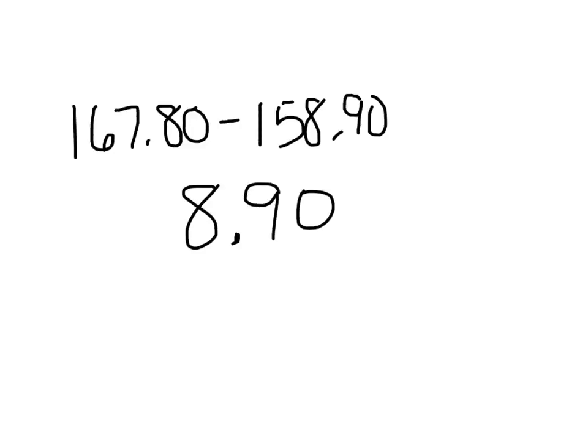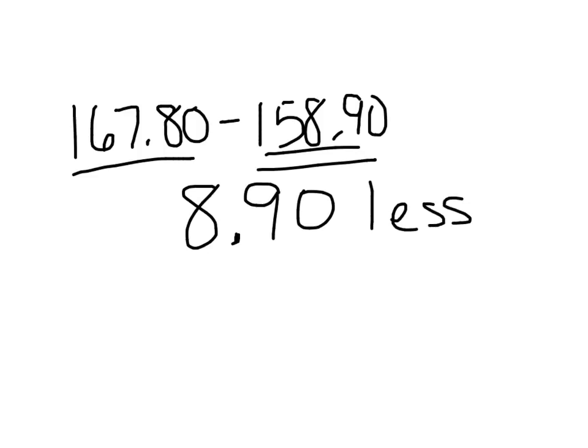Now, did they spend more or less than what they budgeted? They budgeted this, and they spent this. So is that number lower or higher than what we budgeted? It was less than what we budgeted. So we write less afterwards.